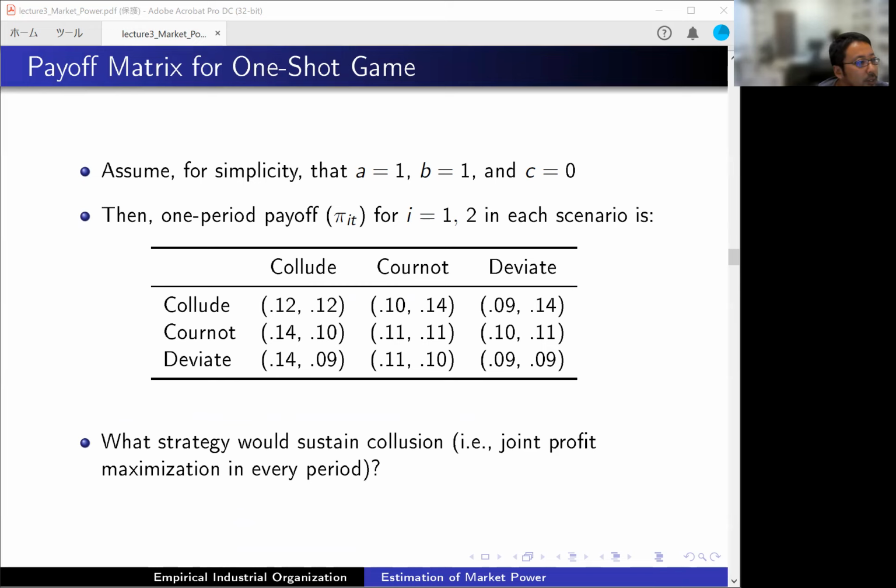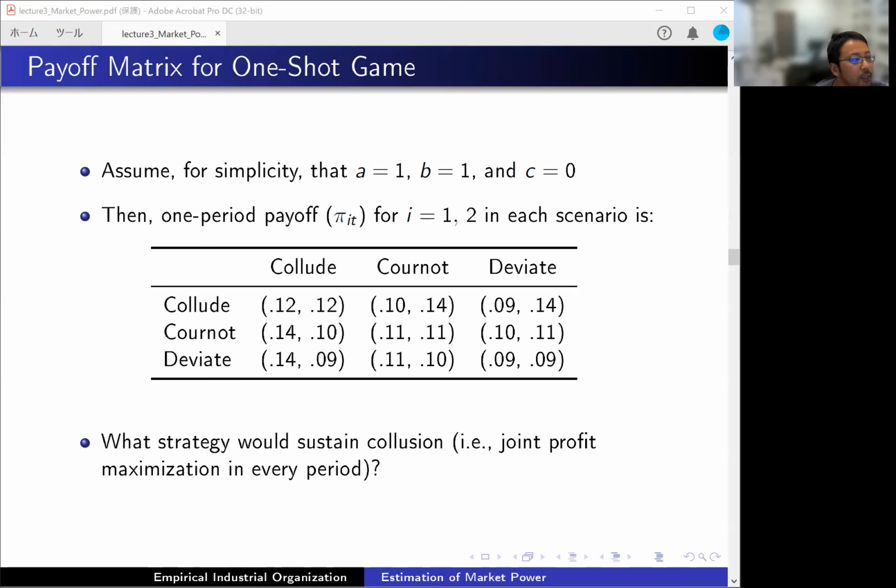Then we can see that the one-period payoff for firms 1 and 2 in each scenario can be expressed in a simple payoff matrix shown in the table. The table shows the one-period payoff associated with each strategy pair. For example, both firms get a payoff of 0.12 if both firms produce the collusive output level.